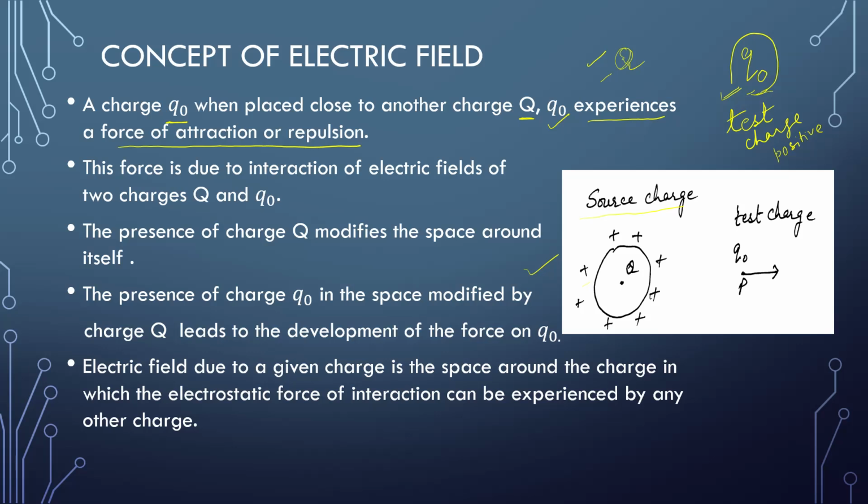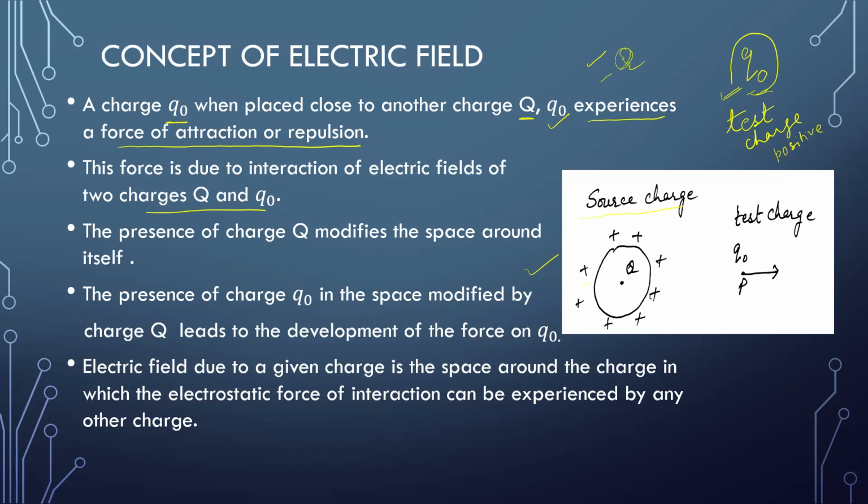This force is due to interaction of electric fields of the two charges Q and q naught. Because capital Q is the source charge, this test charge q naught, which is a very small charge, is considered to be a unit positive charge. But even though it is a very small charge, it will also have some field of its own.